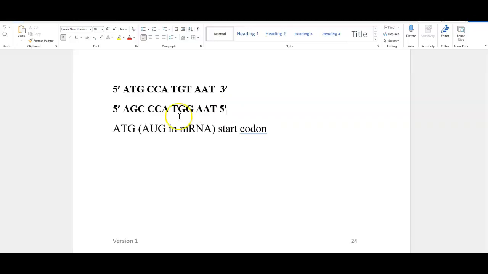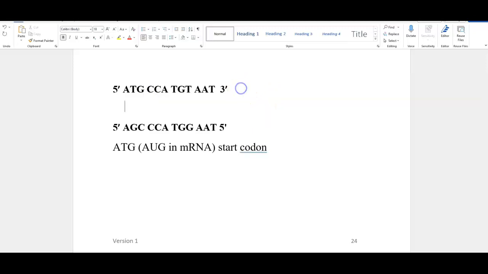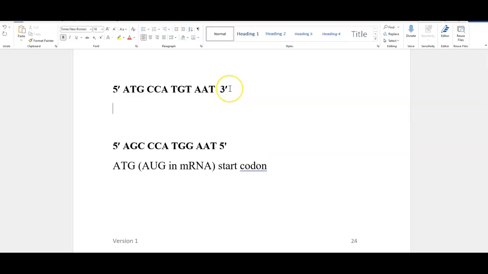I can do it this way, where it's understood that if it's ATG, then that would be the strand of DNA that's not going to be used for the actual gene. So basically you would translate from the other strand.